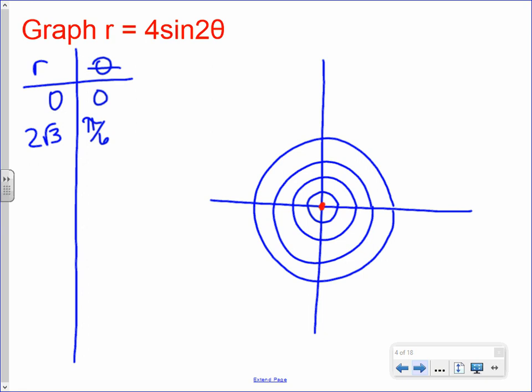Okay, so when we rotate pi over 6, we're going to go out to radical 3, which is about 3.5-ish. What about pi over 4?